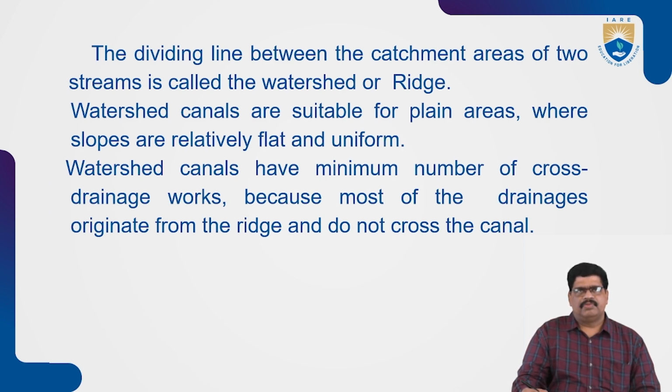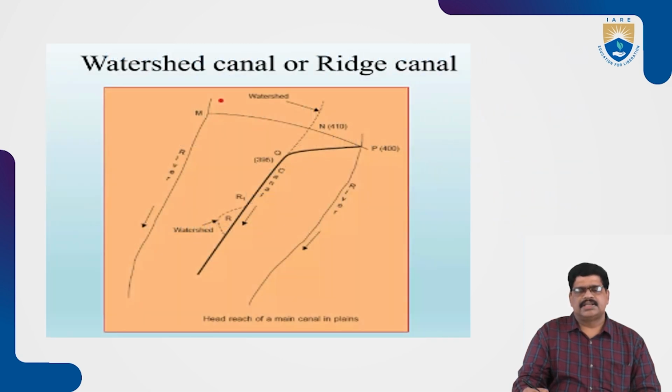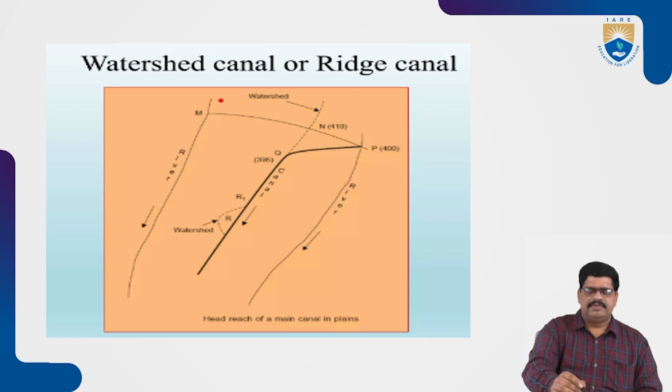Watershed canals have the minimum number of cross drainage works because the drainage originates from the ridge and so does not cross the canal. Next one is the ridge canal, which lies in between two rivers. Here is one river, and there is another river also.